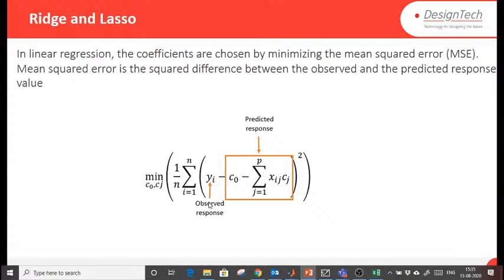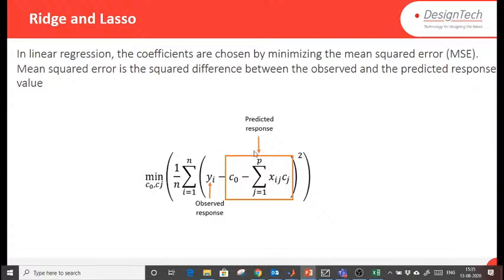In Ridge, in this kind of linear regression, the coefficients are chosen by minimizing the mean square error. It means which coefficients we require and which we don't require is decided by comparing the mean square error of all the terms. The mean square error is the squared difference between the observed and the predicted response value.